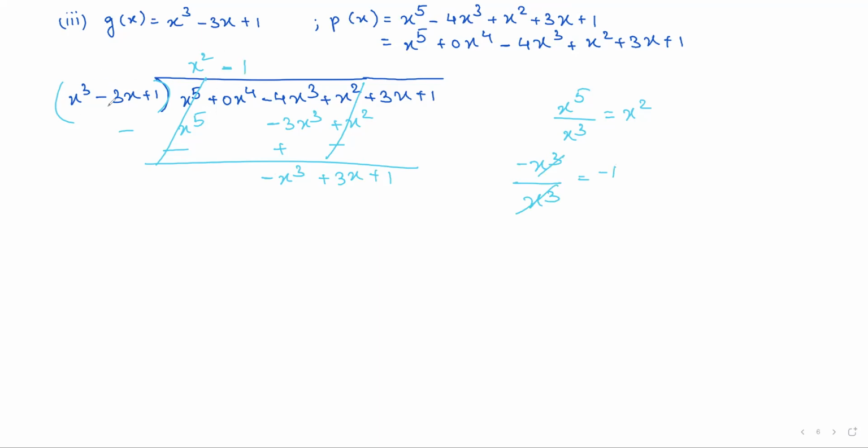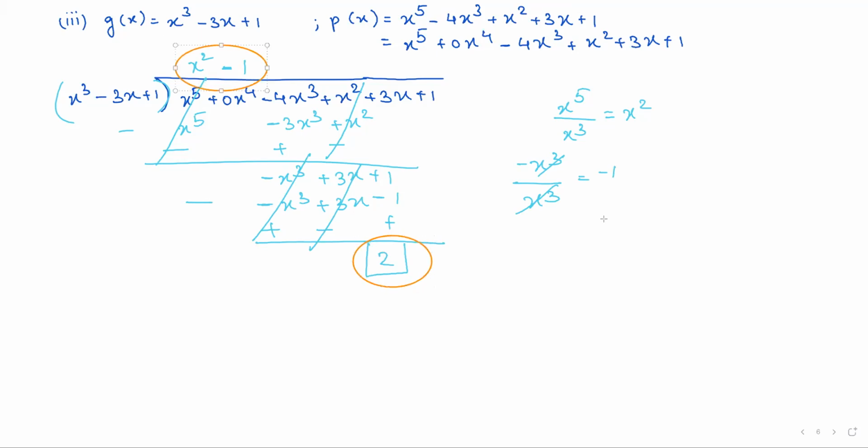Minus 1 to be multiplied by the whole g of x, which is minus x cubed plus 3x minus 1. Subtracting, we'll change the signs. First term gets cancelled, second gets cancelled, third term plus 1 plus 1. So it is plus 2. Here, as you can observe, the remainder is not equal to 0.